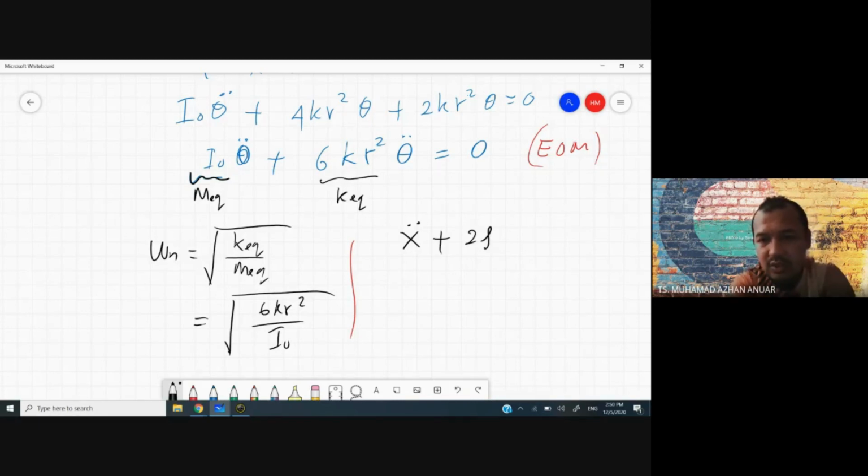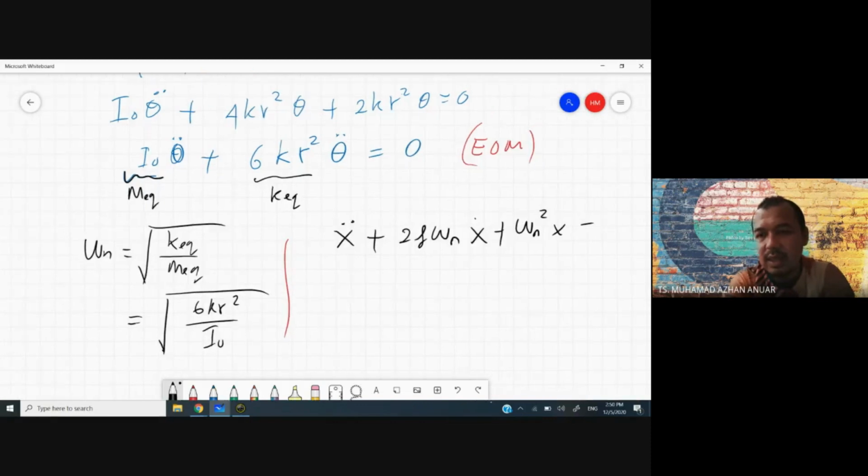The parametric equation is x double dot plus 2 zeta omega n x dot plus omega n squared x is equal to 0. We can compare it with theta double dot plus 6K R squared divided by I naught theta is equal to 0.